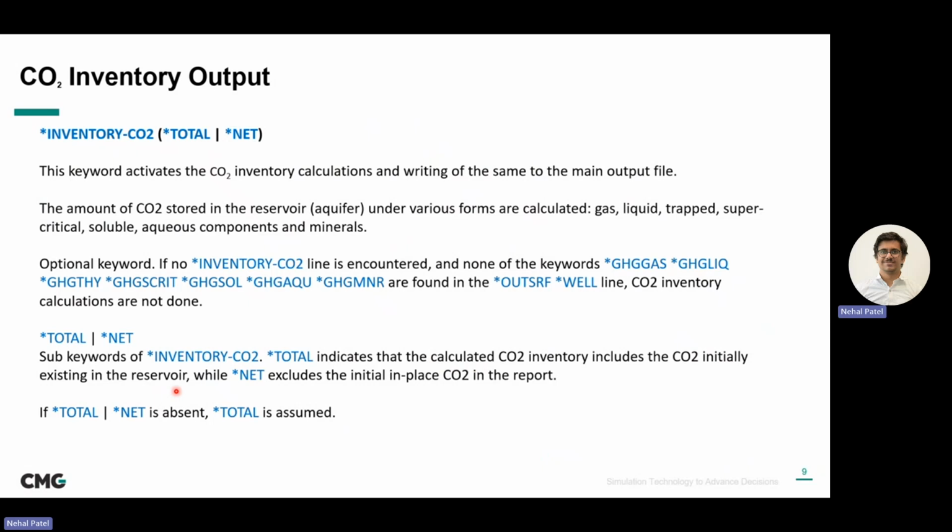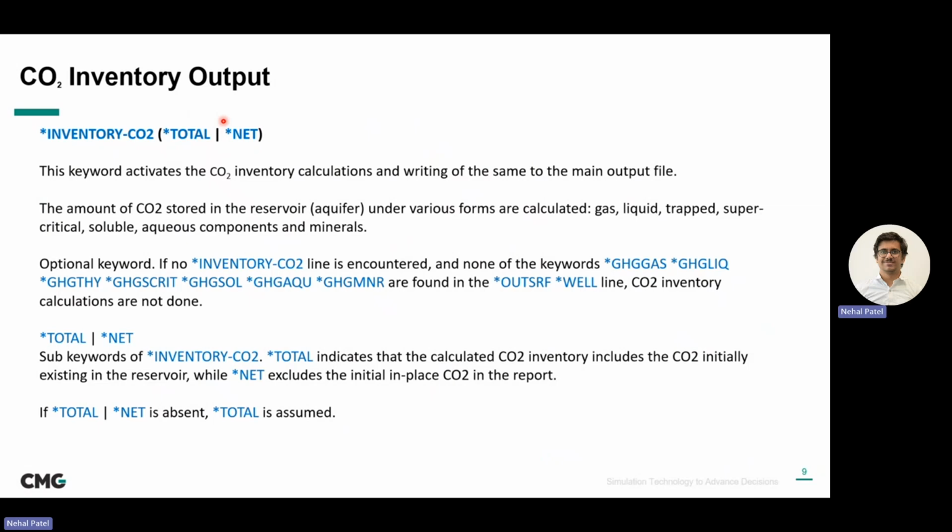So when you initialize, even though you are not injecting, there might be some initial presence of CO2. If you put in the net keyword, it will exclude the initial in-place CO2 and just show the CO2 you are injecting. If you don't put in any sub keyword, by default it will always assume total.